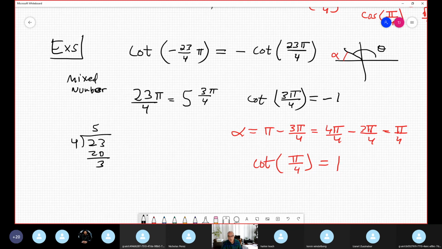So we have one extra negative. Is it a negative 1? No, it's positive 1. Because I discovered that 23/4 pi is equivalent to 3/4 pi, but cotangent of 3/4 pi is -1. And remember that our original angle is negative, so I apply the even odd property. You have a negative in the front waiting for us, and -1 and -1 together is +1. Super good?